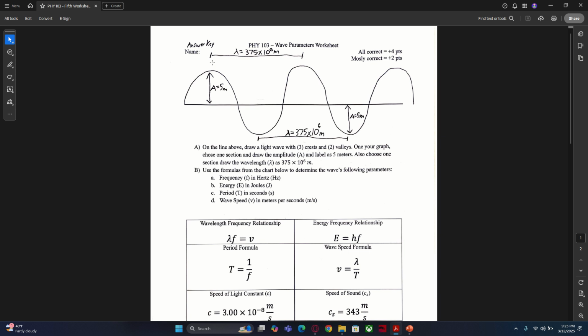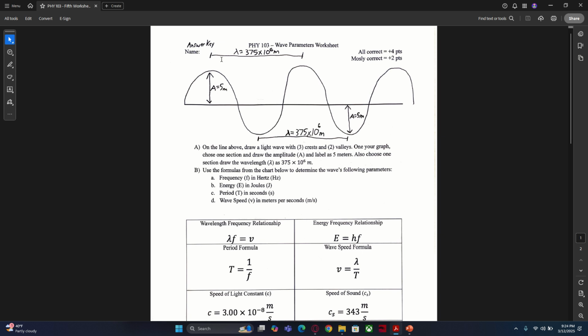The easiest ones would be either from the top of one crest to the top of the next crest. We can use a line for that and label that as lambda, and then label that equaling 375 times 10 to the 6 meters, or whatever value we're given here.